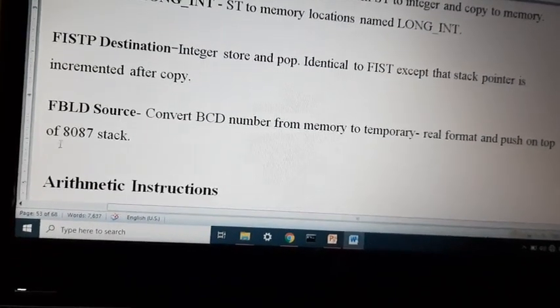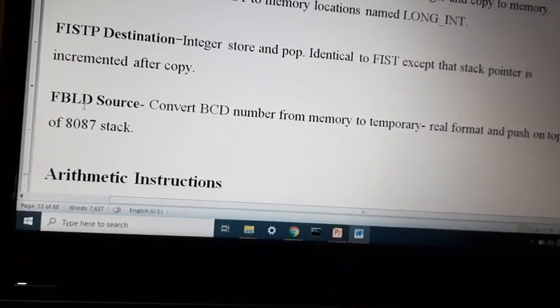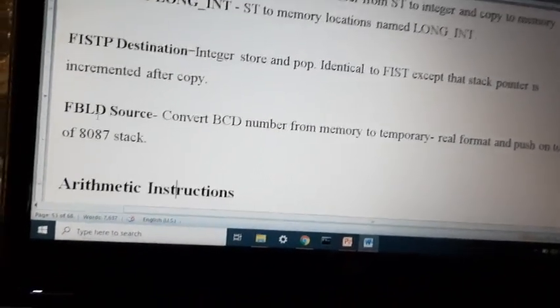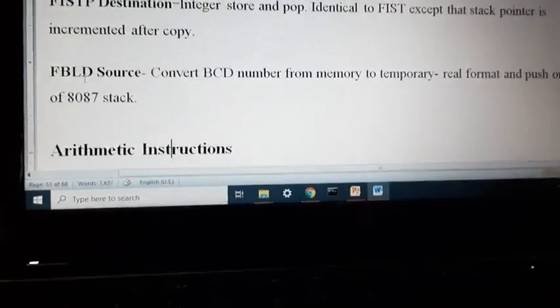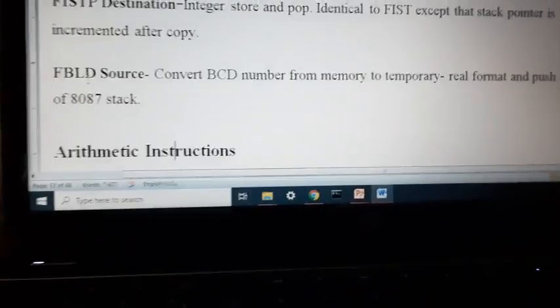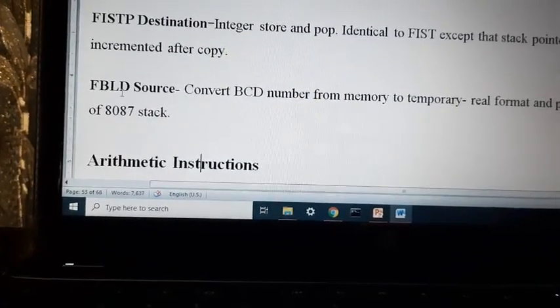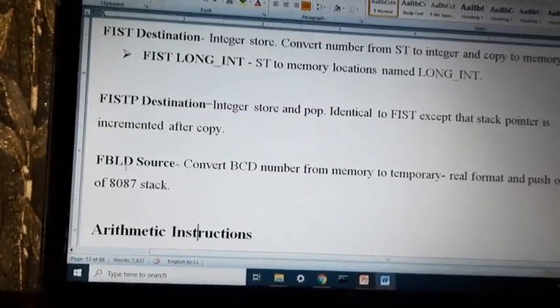Same like FBLD, we can have FBST, that is store, which is a real number, and we can have another third instruction FBSTP, that is we can store as a real and then pop the top of the stack.